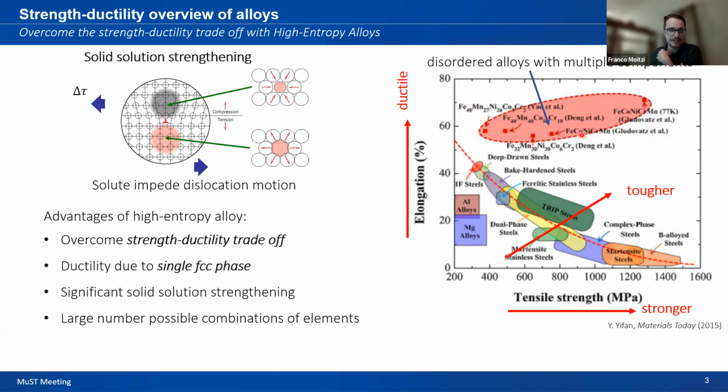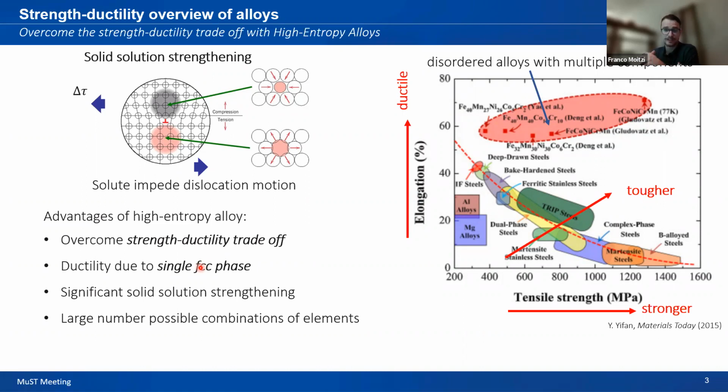These single-phase solid solutions have the potential to overcome the usual strength-ductility trade-off that one experiences in steels. The reason for these favorable properties is, on the one hand, that they're mostly face-centered cubic structures with a lot of slip planes, and on the other hand, they have a very strong strengthening effect due to the many components in this solid solution.